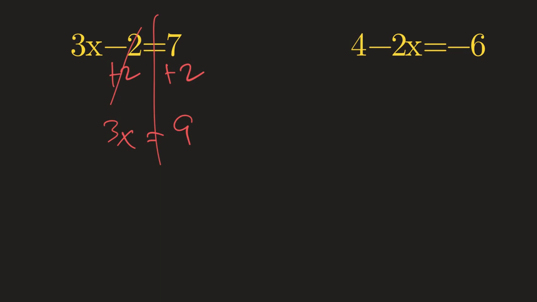I'm still trying to solve for x. What is still setting in front of x? 3. How am I going to get rid of that 3? Okay, excellent. We are going to divide both sides by 3 because that is 3 times x.